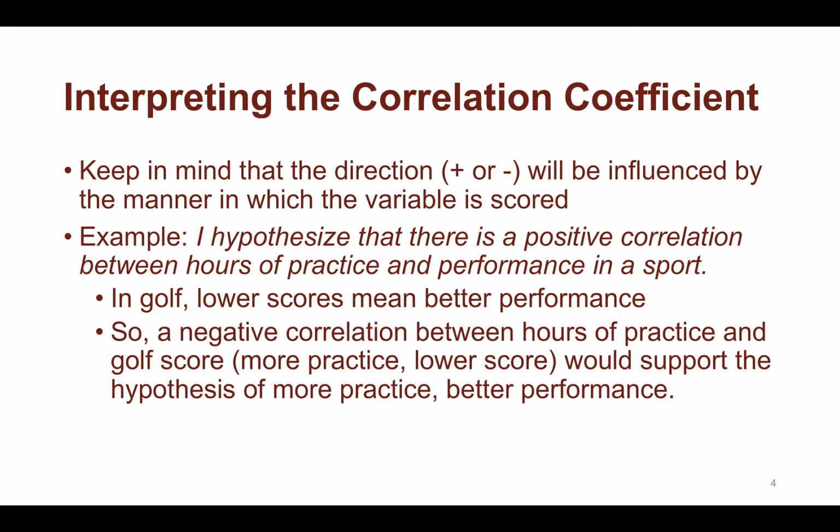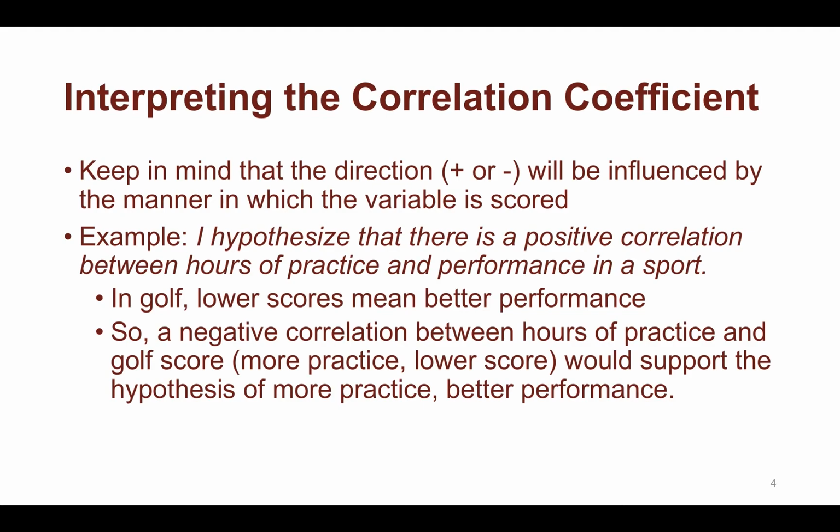For example, if you hypothesize that there's a positive correlation between hours of practice and performance in a sport, which makes sense, it's common sense, but it's also supported by research. Let's say that you're looking at golf scores. In golf, lower scores mean better performance. So a negative correlation between hours of practice and golf score, meaning that the more you practice, the lower your golf score, would actually support the hypothesis of more practice, better performance.